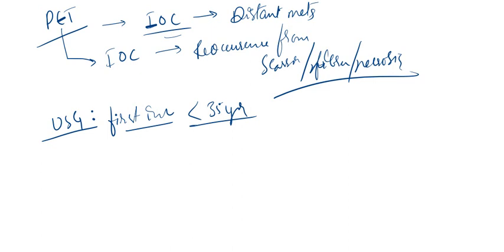Why can you not go for mammography? Anyone? Why is ultrasonography the first investigation that is preferred rather than mammography in women whose age is less than 35 years? That means they are young females. Less than 35 means they are young females. Why?